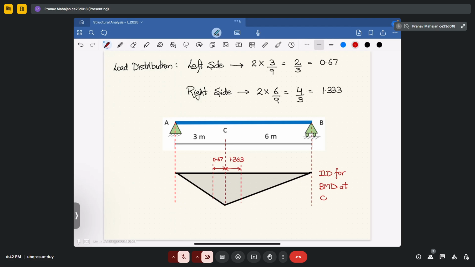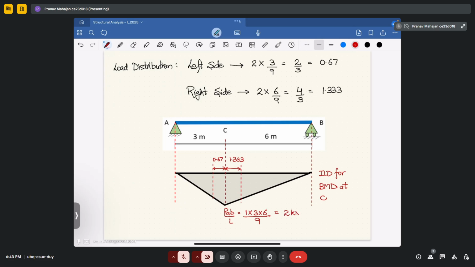So now first, due to the unit load, what will be the maximum value of bending moment that we will observe? If you know the maximum value, it would be P A B upon L. That means it would be equal to P, that is 1, into 3 into 6 upon 9, that means equal to 2 kilonewton.